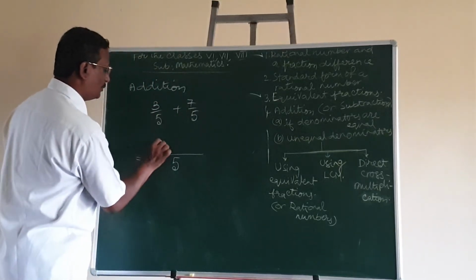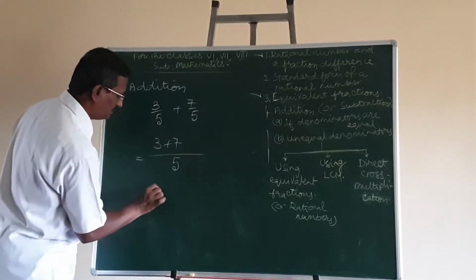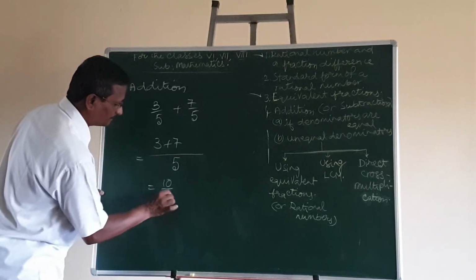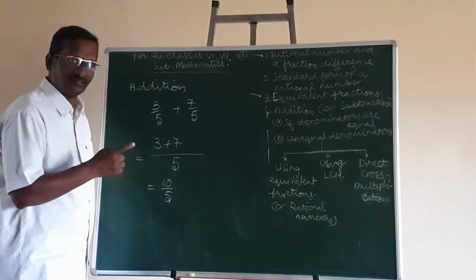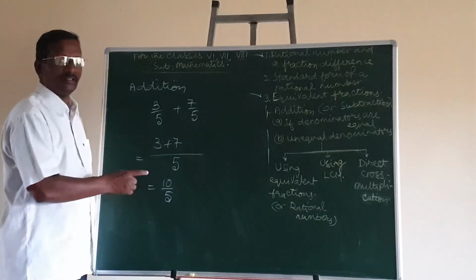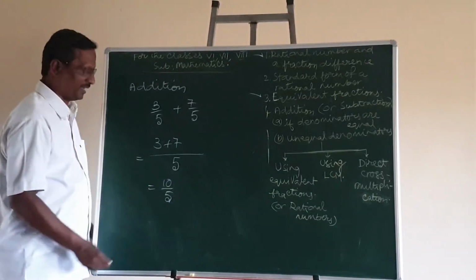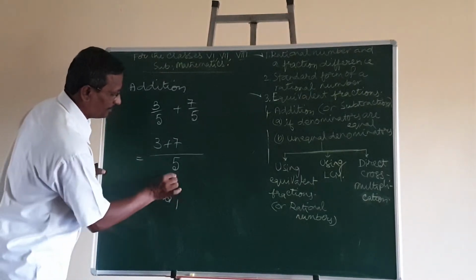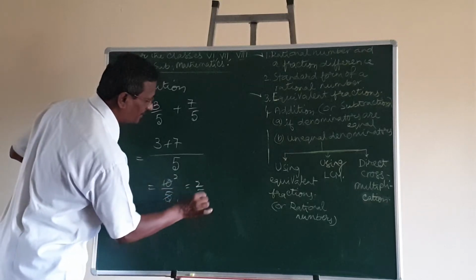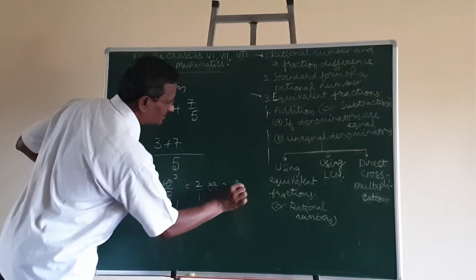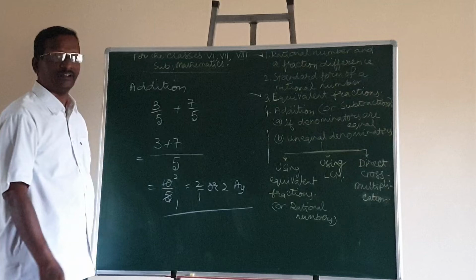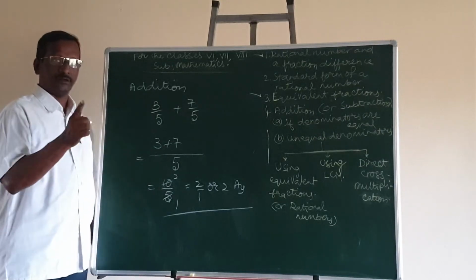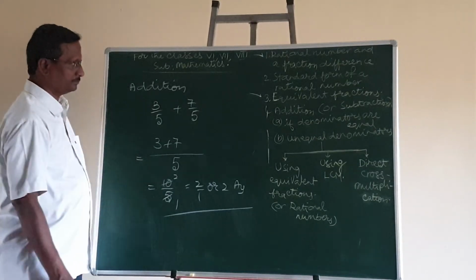Do addition in the numerator, 3 plus 7, this is 10 upon 5. If you want to write this in standard form, see if there is a common factor and cancel. 5 one time, 5 two times, this is 2 by 1, or 2. This is the answer. It's very easy if the denominators are equal.